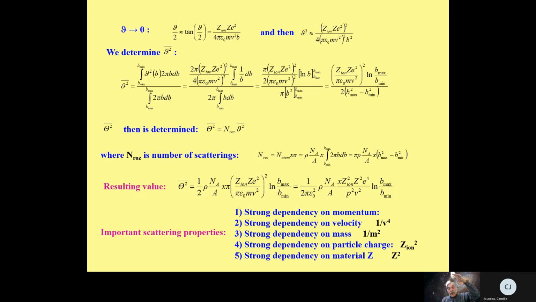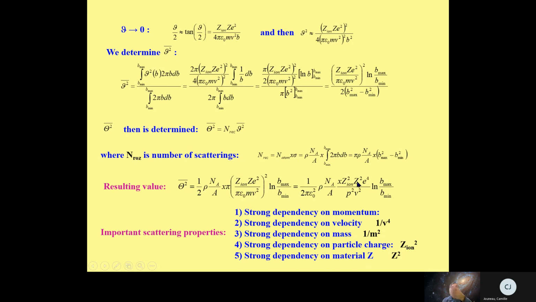What will be the dispersion? It means the radius of the beam will increase by this scattering, and this increase is given by the square of the charge of the ion, the square of the Z number of the material.